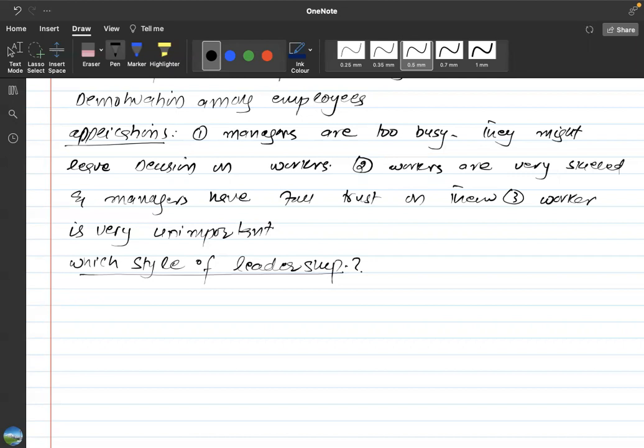McGregor was a business scientist who came up with the theory.